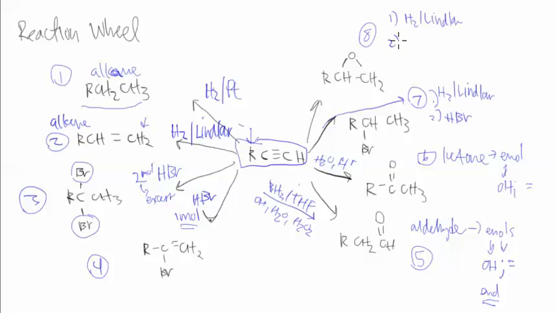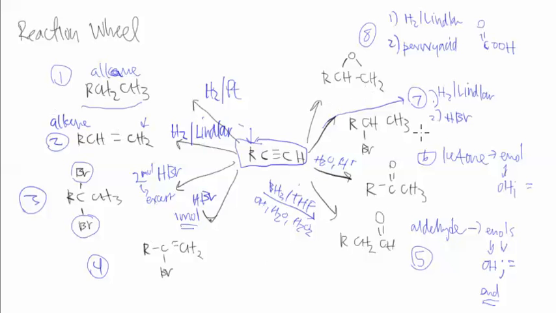Once the H2 and Lindlar is added on and I have my alkene, I can then add my peroxy acid. And that peroxy acid in the previous video was C double bond O, COOH. And this was the peroxy acid that allowed the epoxide formation to take place.